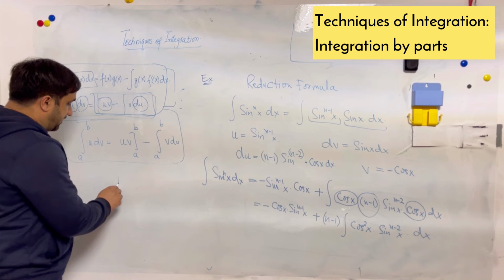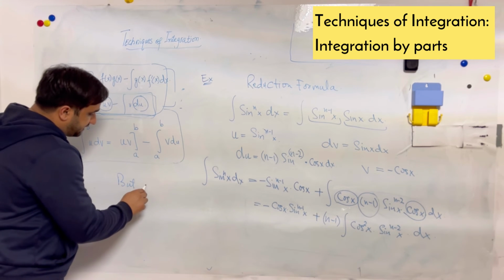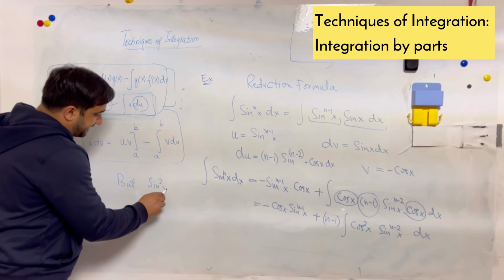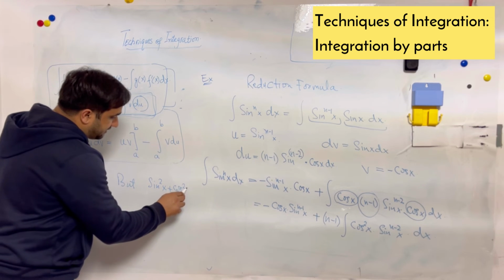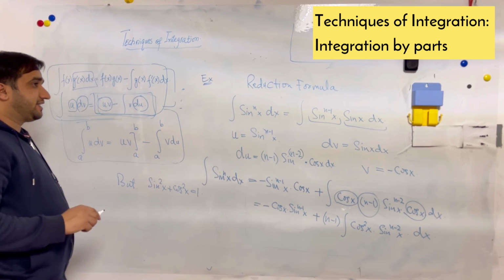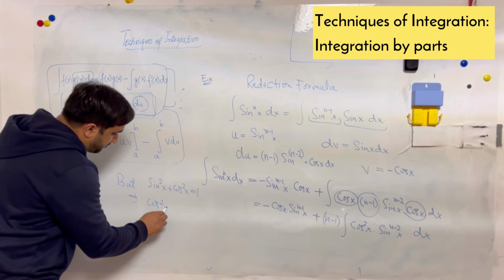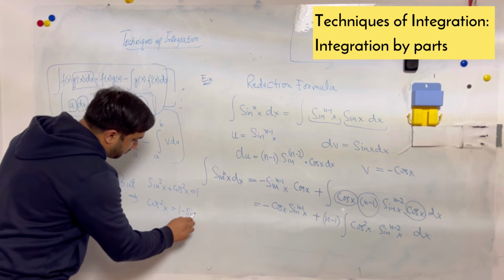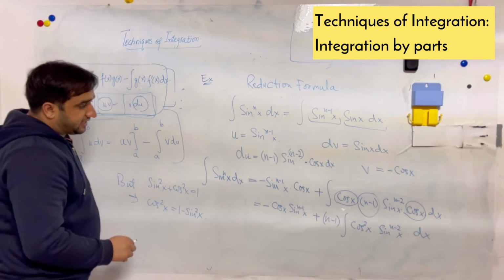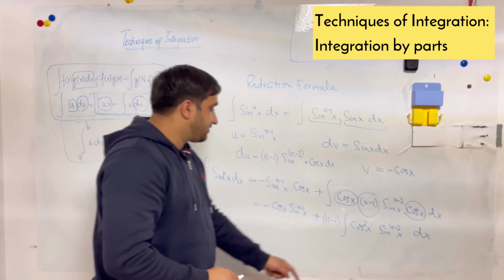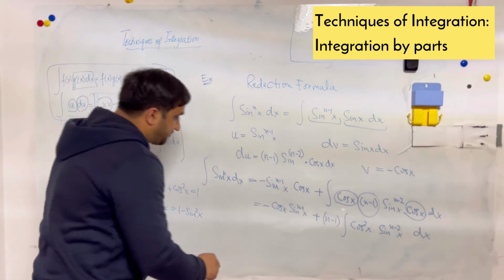No. Now, I know that sine square x plus cos square x is equal to 1 according to the Pythagoras theorem. This means cos square x is equal to 1 minus sine square x. So I can replace this cos square with 1 minus sine square x.